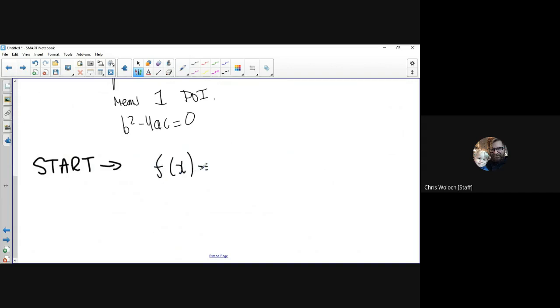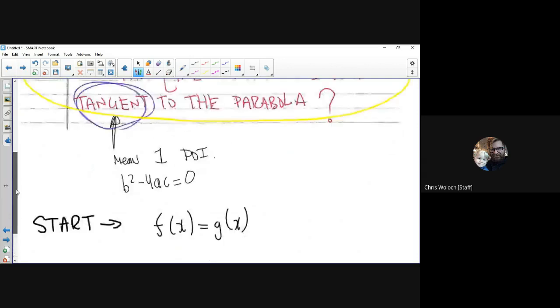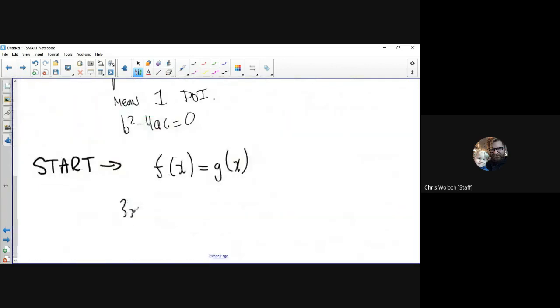If we're going to start, I'm going to make f of x equal to g of x. What's f of x? 3x squared plus 4x minus 2 equals, and g of x is mx minus 2.